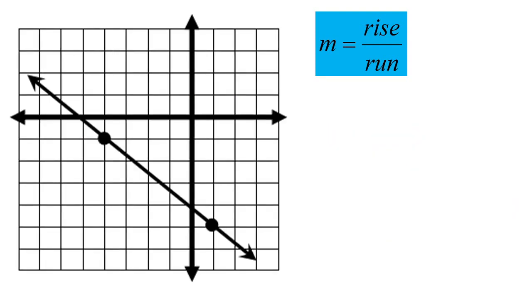Example number 3. Okay, let's do the rising now. So the slope is equal to, so we have 0. This is 1, 2, 3, 4. The rising is 4. What about the running? That's to the left. So expect it's negative. So we have negative 1, negative 2, negative 3, negative 4. This is negative 5. This is 4 over negative 5.